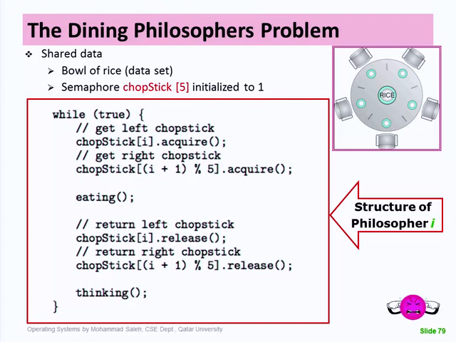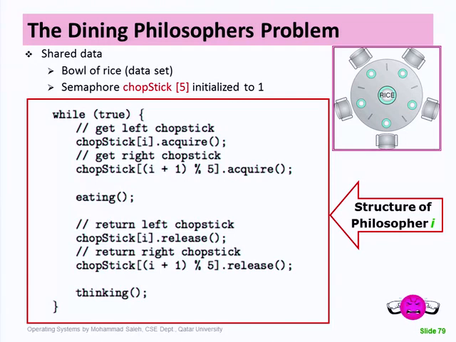Then the next philosopher acquires the chopstick to the left and got it, okay? Then context switch and so on. So what do we have? Each one of them holding one chopstick, and none of them is proceeding, because every one of them will be waiting as a result of calling the second acquire. So this is a deadlock situation, right?